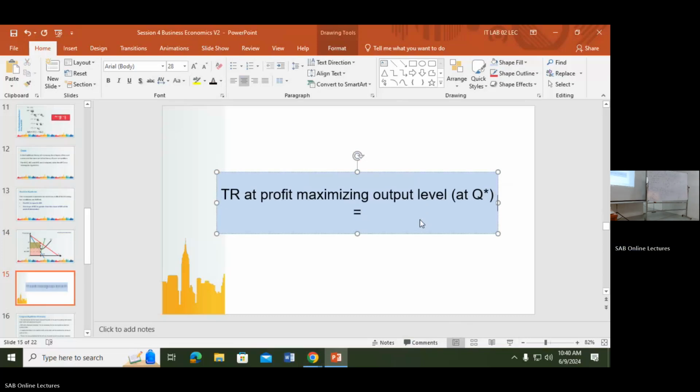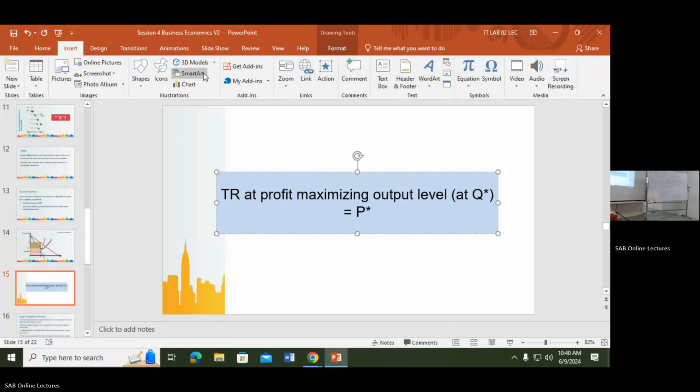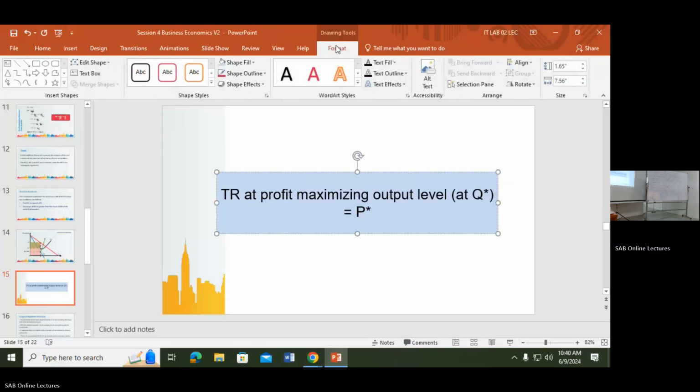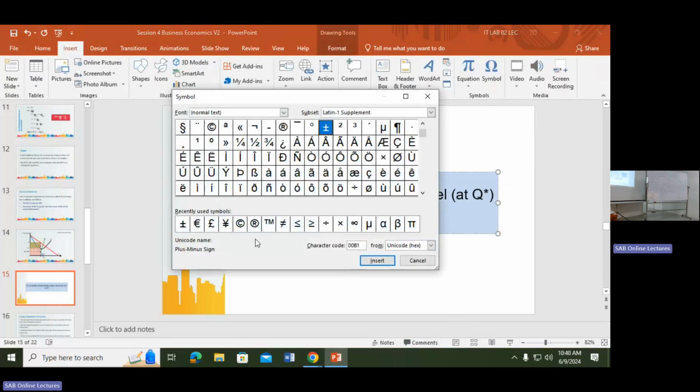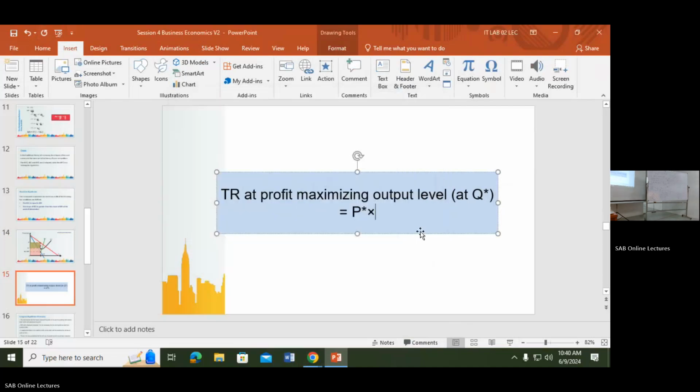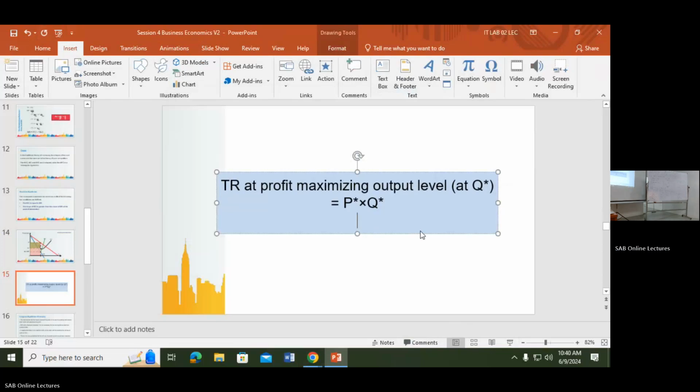What is it? Equilibrium price multiplied by equilibrium output. That is 75 multiplied by 125.